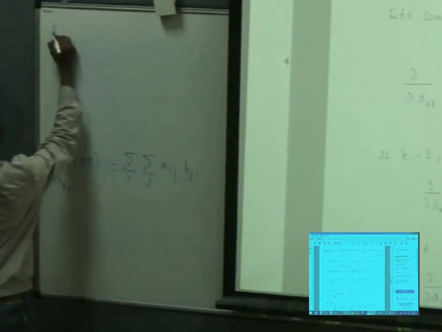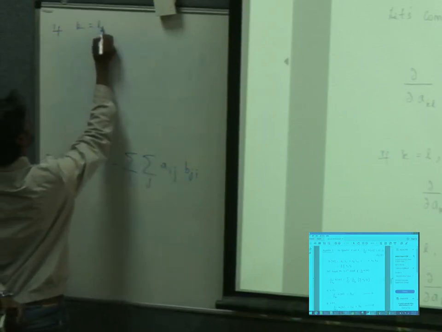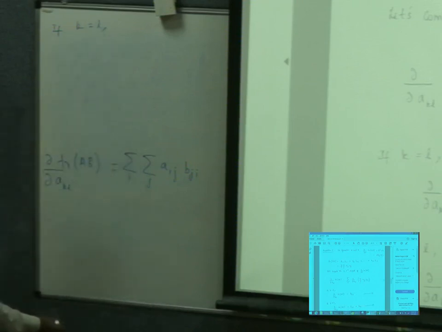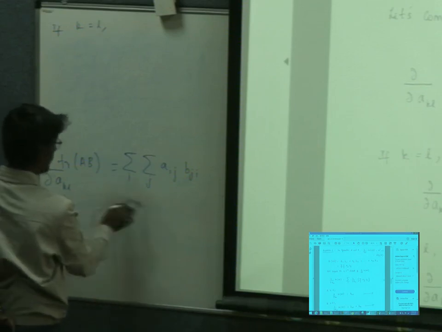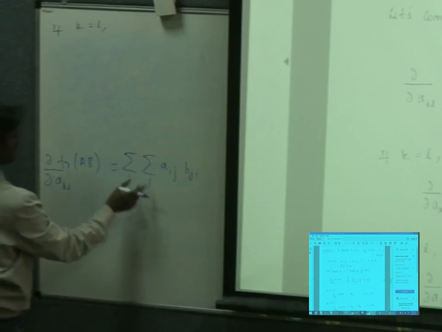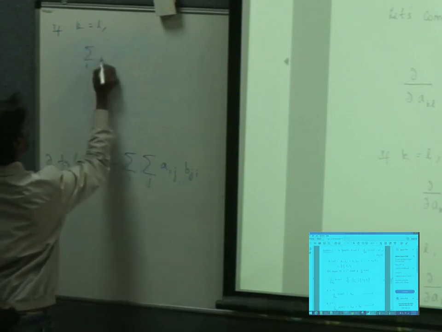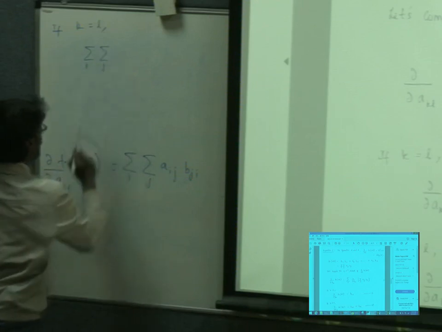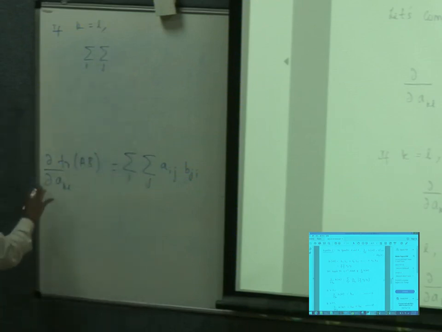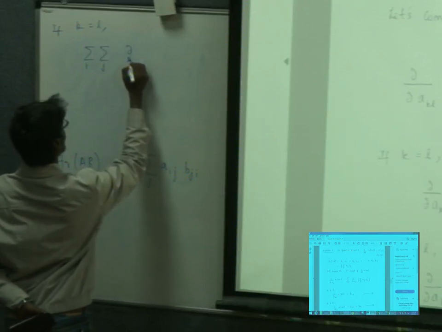So if K and L are equal, then this is a double sum over ij, and it's a linear operator, so you can take it inside.